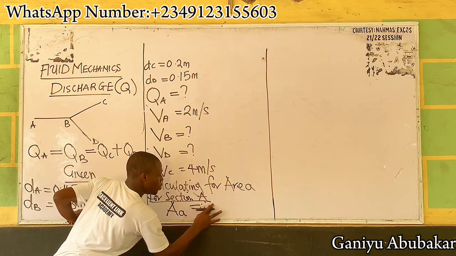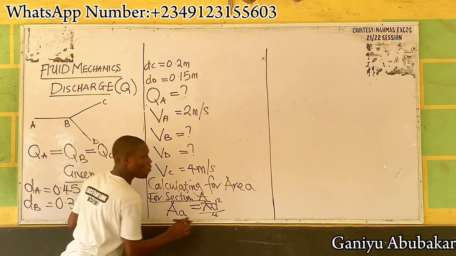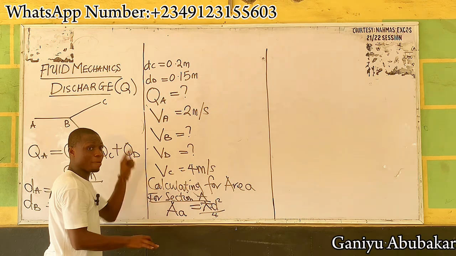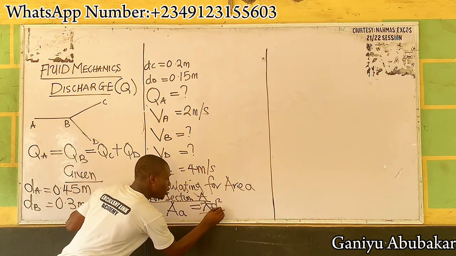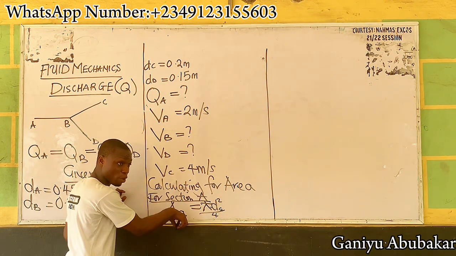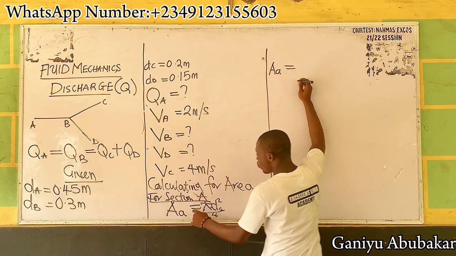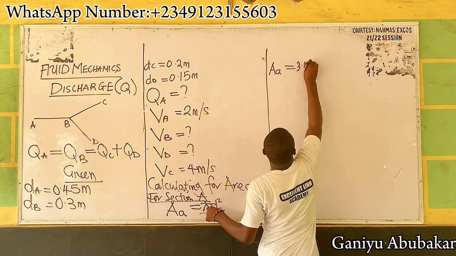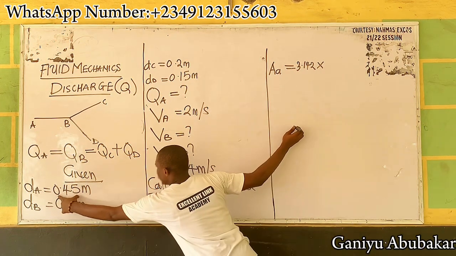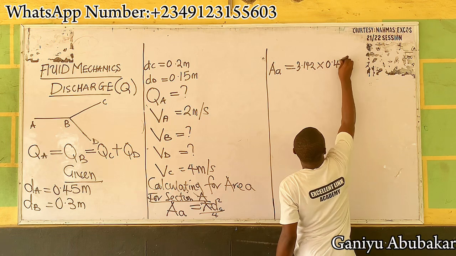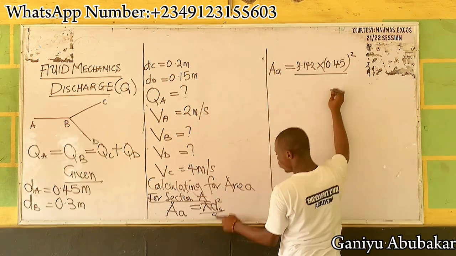To convert diameter to area, the formula is pi D squared over 4. But I'm explaining in terms of A, so this D is to be DA instead, because I'm at point A. So the area at section A is pi, 3.142, times the diameter at section A, 0.45, squared, over 4.